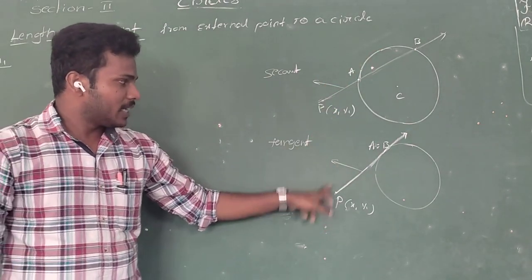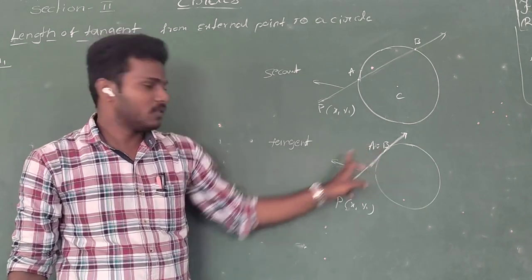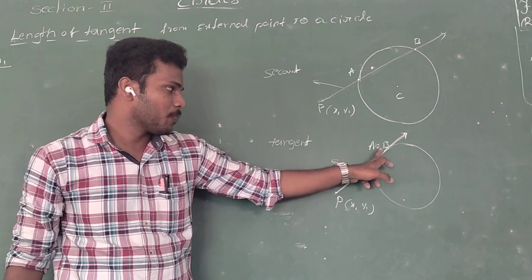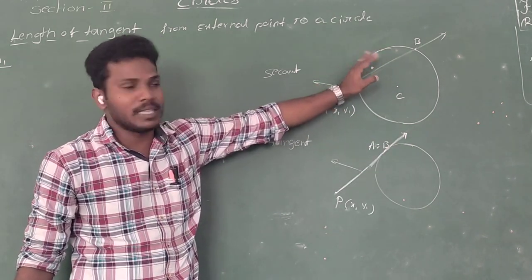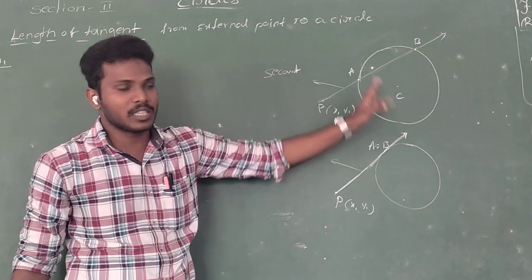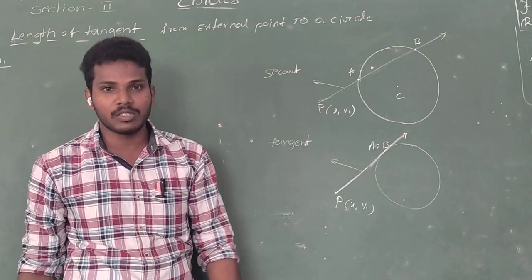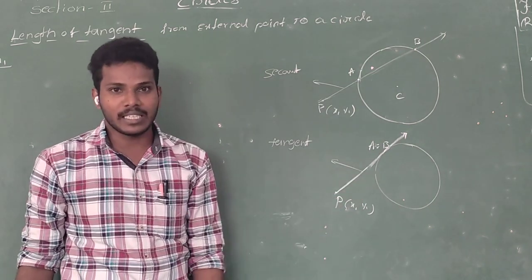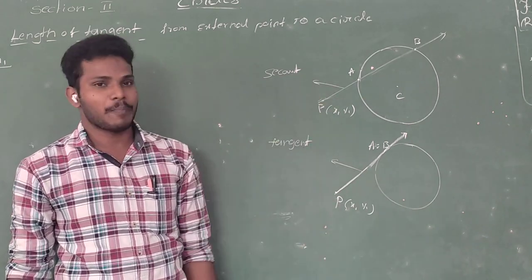A tangent is a line that touches the circle at only one point. The secant converts into a tangent when the 2 points, A and B, coincide with each other. Then it becomes the tangent.